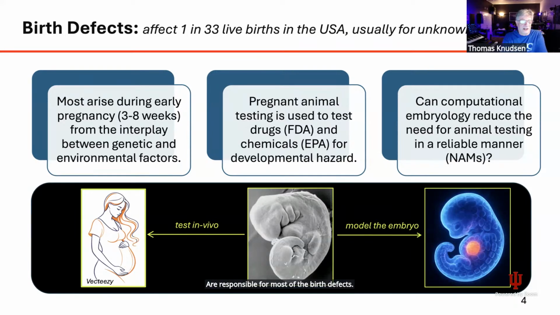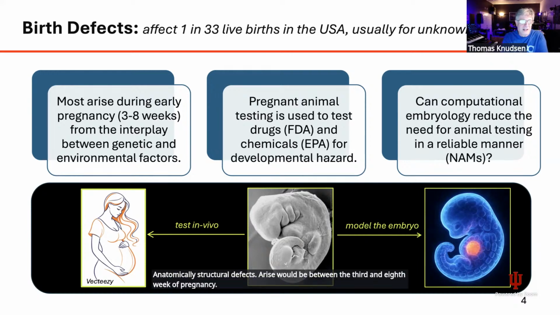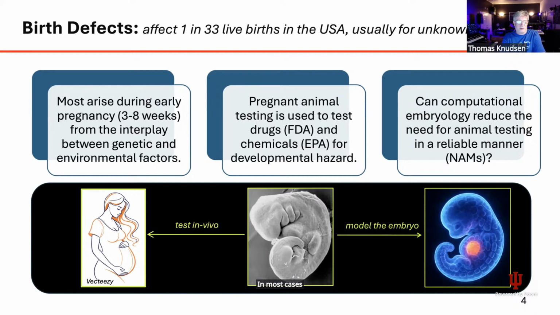The period of time that anatomically structural defects arise would be between the 3rd and 8th week of pregnancy. In most cases, women don't know they're clinically pregnant until between the 4th and 6th week.